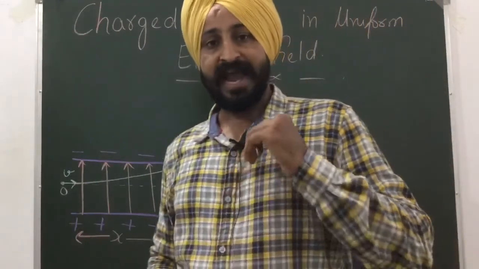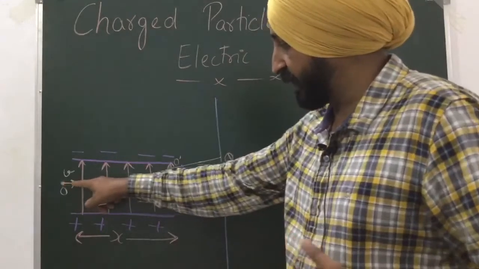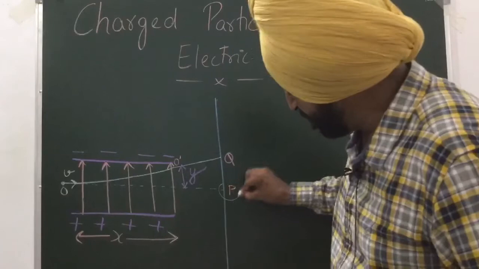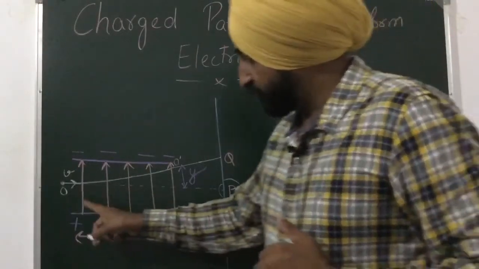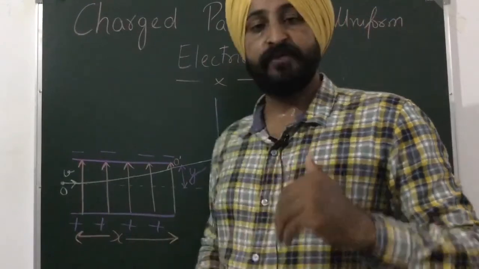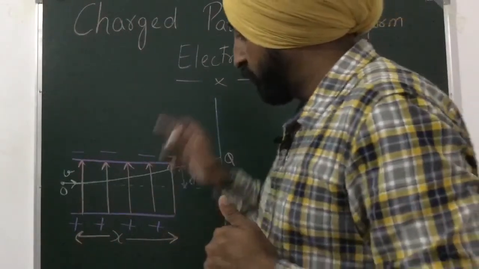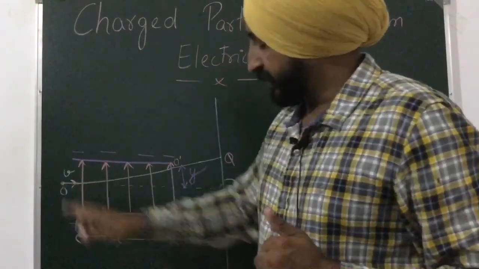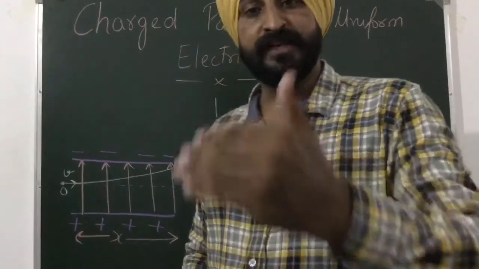See, had there been no electric field, this charge would have traveled and reached point P in a straight line, but due to presence of this electric field there will be a difference. Now what will be that difference? Now due to presence of this electric field, this charged particle will be attracted towards the oppositely charged plate.